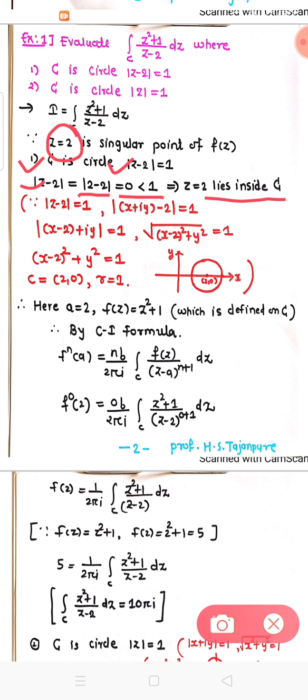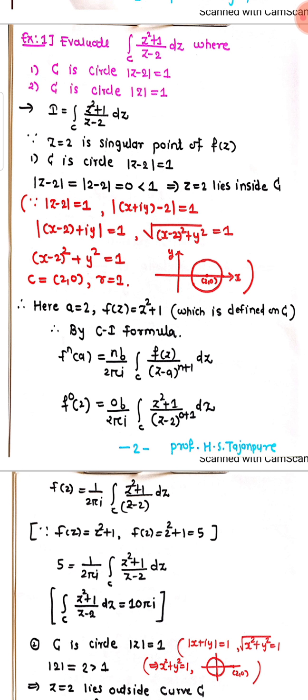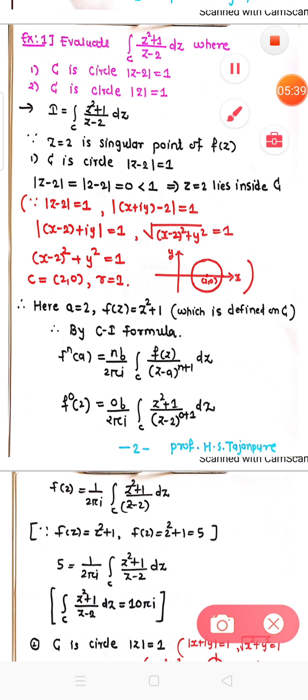Now let us see geometrically how that point lies inside or outside the curve C. Since modulus of z minus 2 equal to 1, what does this equation represent? This represents a circle.